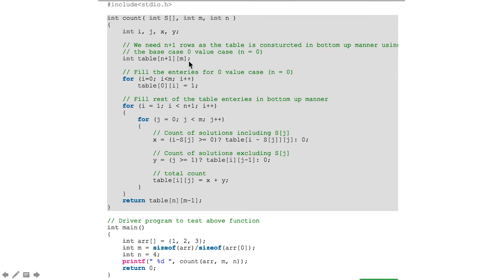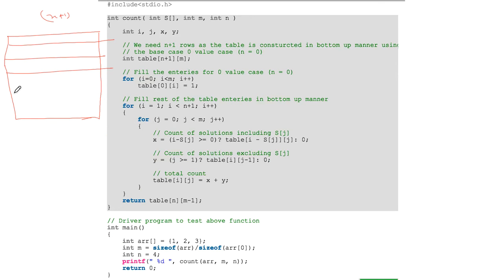Basically we are going to create an array of size n plus 1 rows, that means 21 rows if n equals 20. Why that will be there? I'll tell you, just a second.